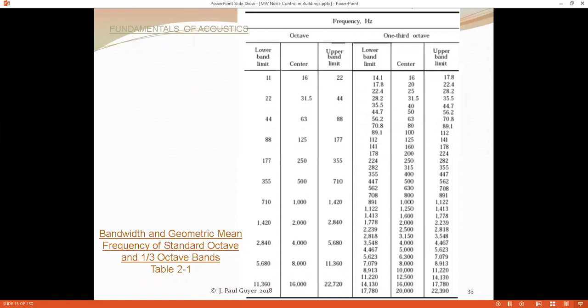Now, let me stop here and move to the side for a moment. There is one area of building design where consideration of octaves and this more definitive look at sound is important, and that is if you have a space in the building that is being used for something like a concert hall, lecture hall, that sort of thing.